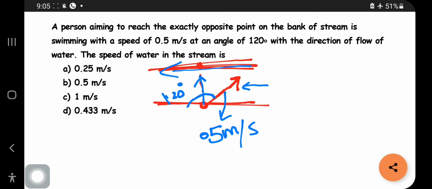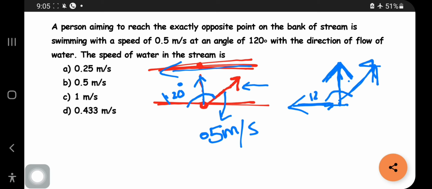Okay, let us make it into a triangle. If the total is 120 degree, what will be this angle? It will be 30 degree, right? This vector can be written like this.